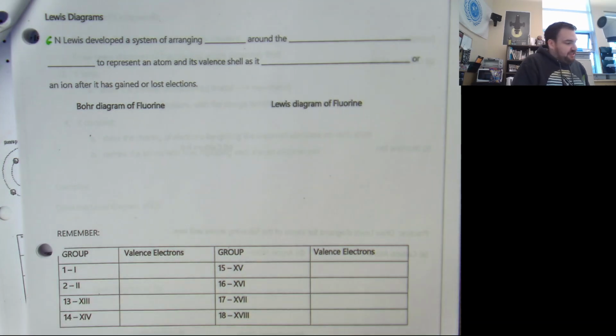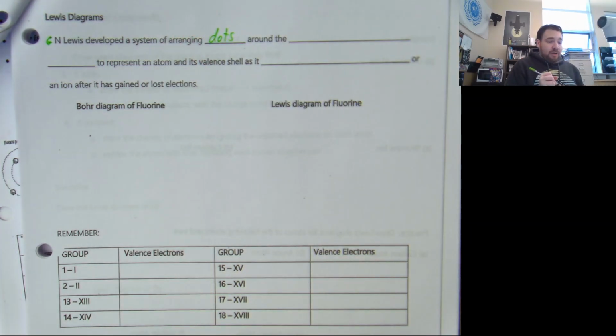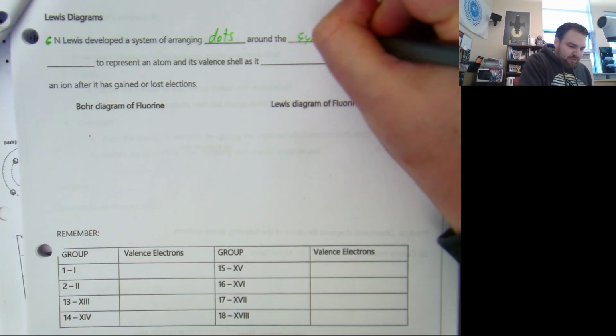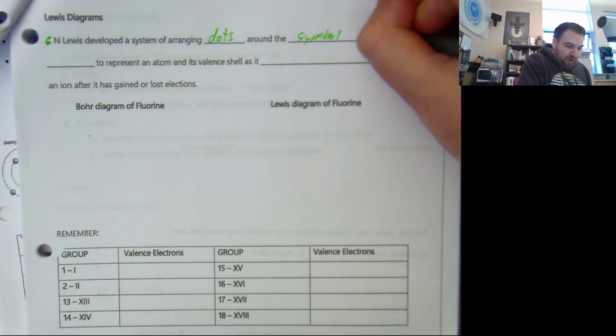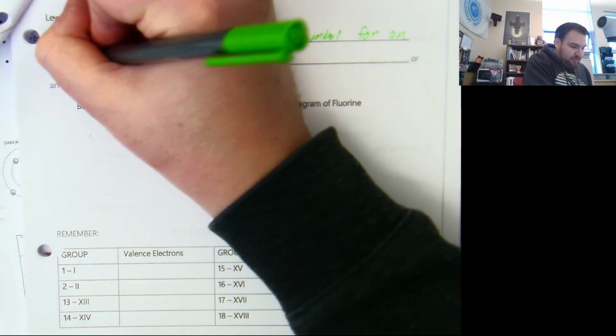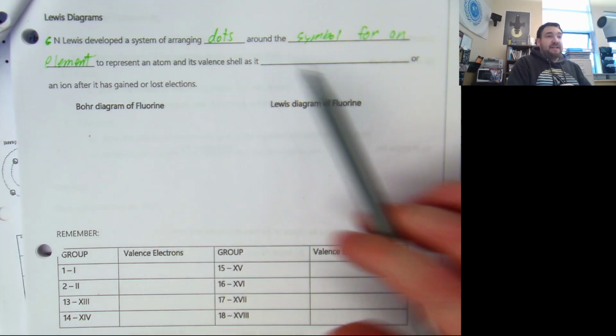G.N. Lewis developed a system of arranging dots, which sounds a lot like Bohr. He developed a system of arranging dots around the symbol for an element. This is different already from the board diagram. In the board diagrams, I had you writing P and N on the inside. Lewis said, nah, forget all that.